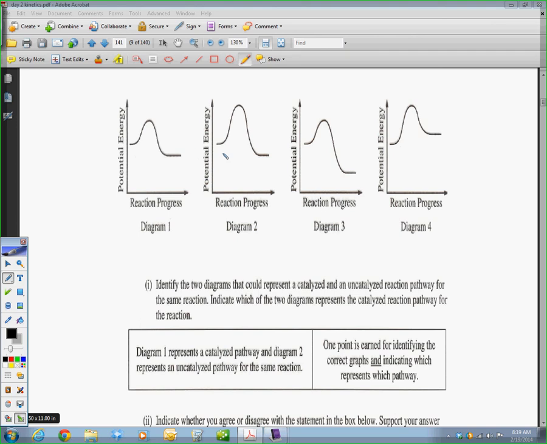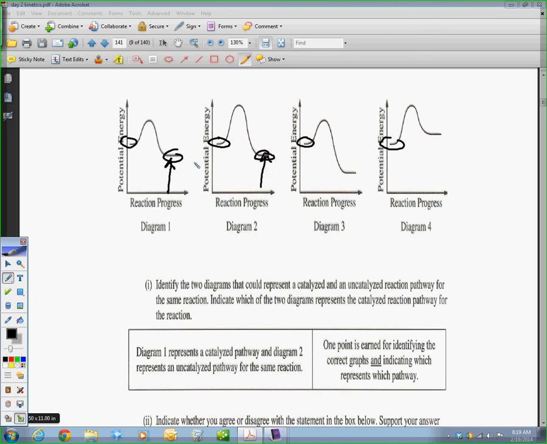The diagrams that have reactants with a certain amount of potential, you notice they all start at the same place, right? But your products of the same reaction should also have the same amount of potential energy. So these 2 here, the products have the same amount of potential energy.